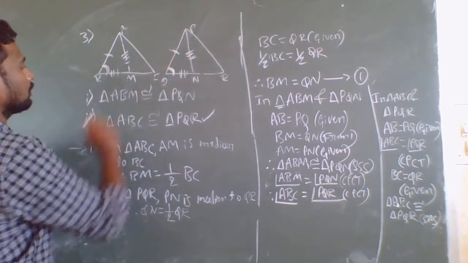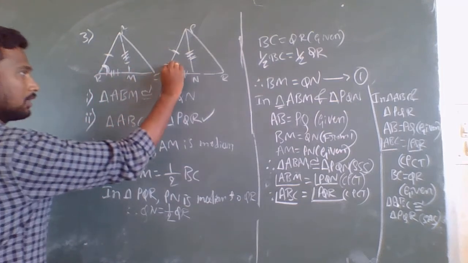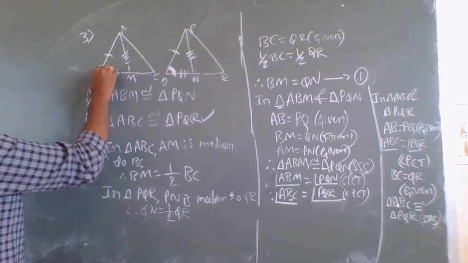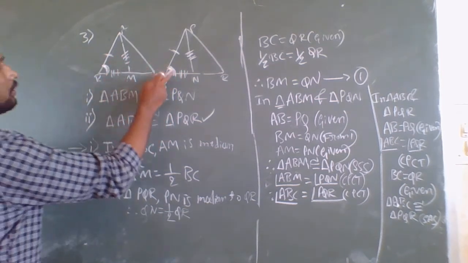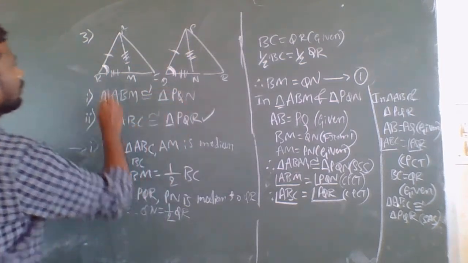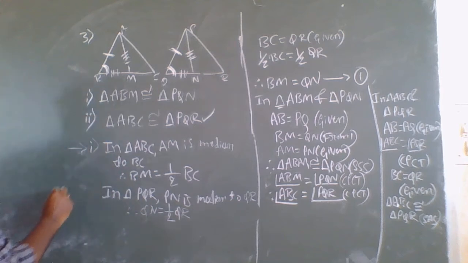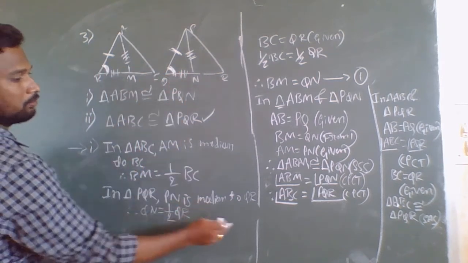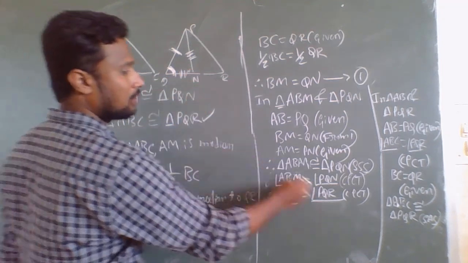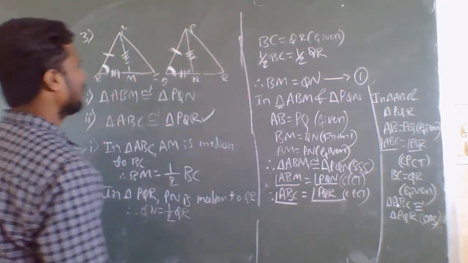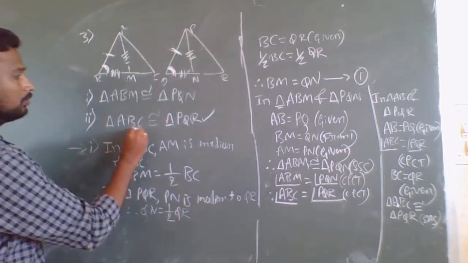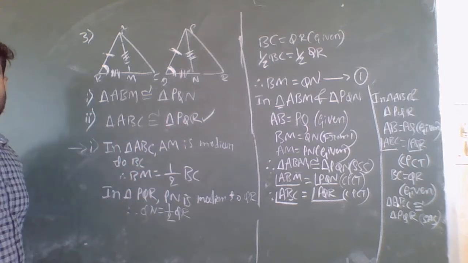And if these two triangles are congruent, then by corresponding parts of congruent triangles, these two angles are equal. Therefore, in triangles ABC and PQR, these two sides are equal and these two angles are equal by CPCT, and the remaining BC is equal to QR. Therefore, by side-angle-side, SAS, these two triangles are congruent.